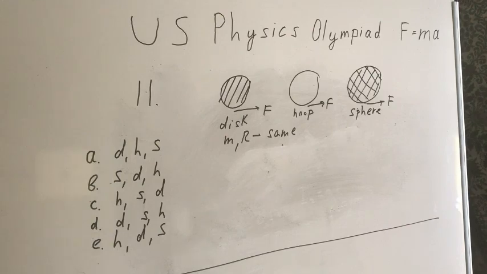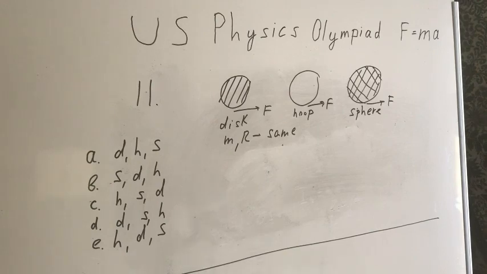Assume the hoop is connected to the rotational axis by light spokes. With the objects starting from rest, identical forces are simultaneously applied to the rims as shown. Rank the objects according to their kinetic energy after a given time t from rest, from least to greatest.